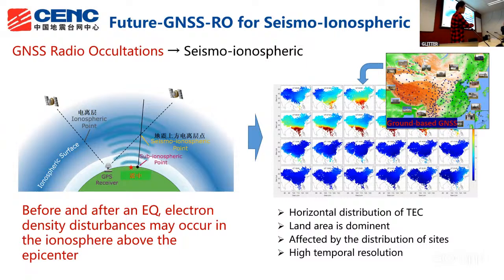Now we do this research after the earthquake, so we know where the earthquake happened, and we cover the time span of the earthquake. The TEC change is above 20 TECU, so compared to the uncertainty, this change is very clear.